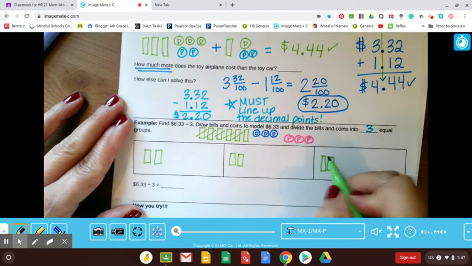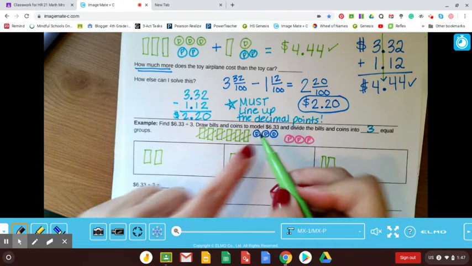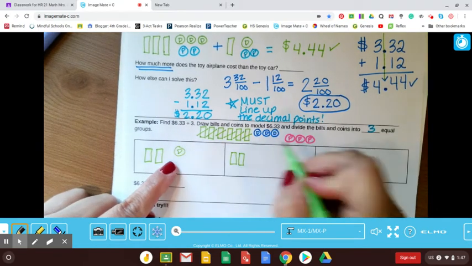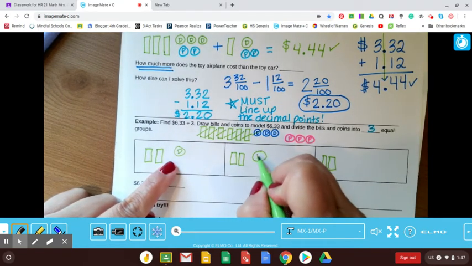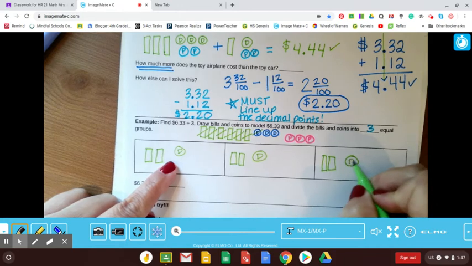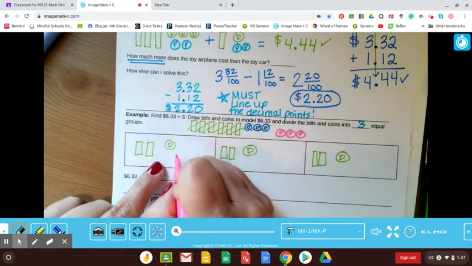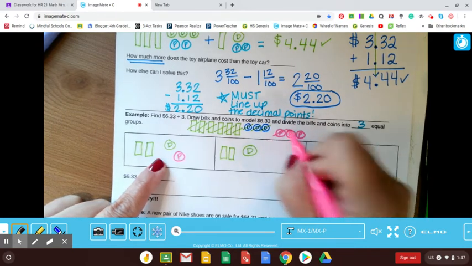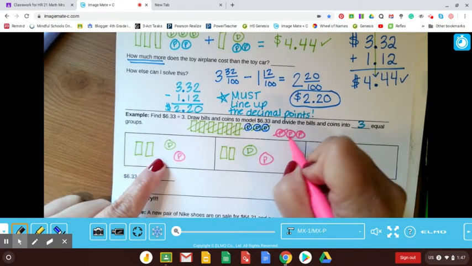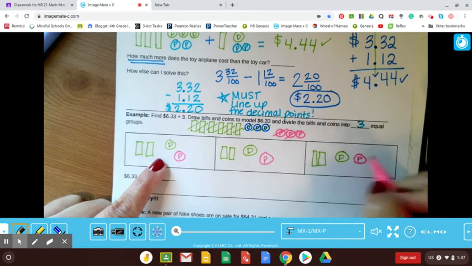And this group can get another one. All right, and you get a dime. You get a dime. You get a dime. And now I gotta do my pennies. You get a penny. You get a penny. And you get a penny.